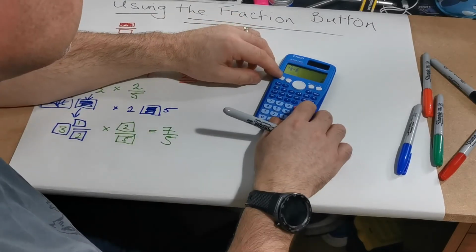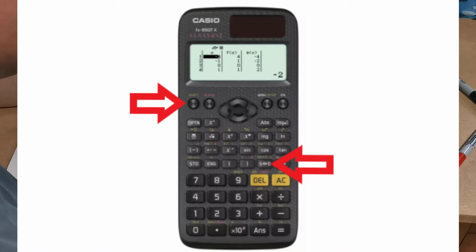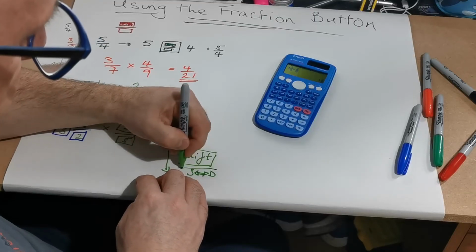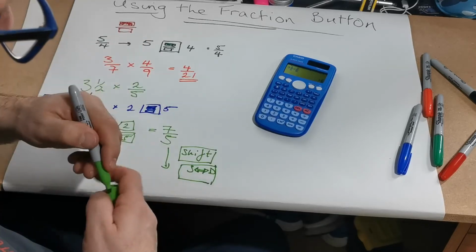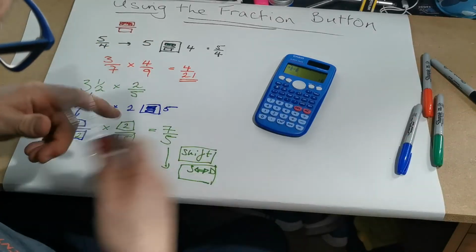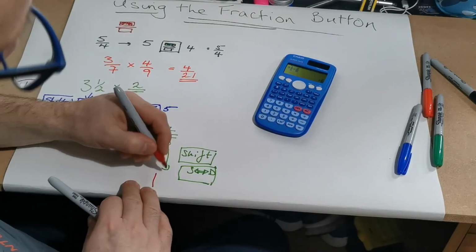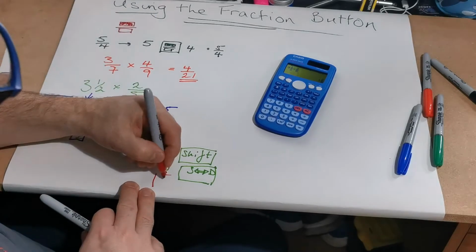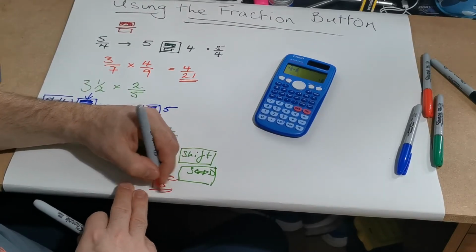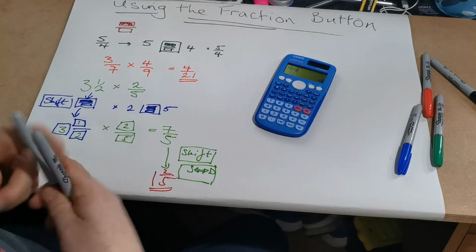And if I press shift S to D, if I press those 2 buttons, that'll change that to a mixed number. So that's handy to know too.